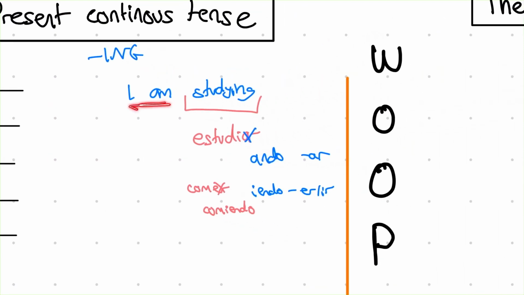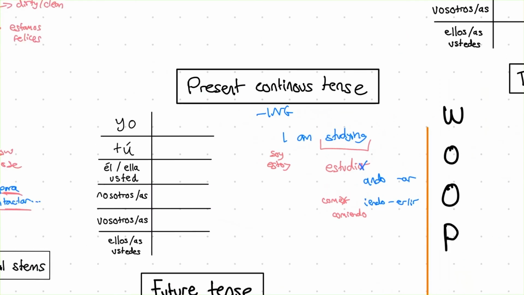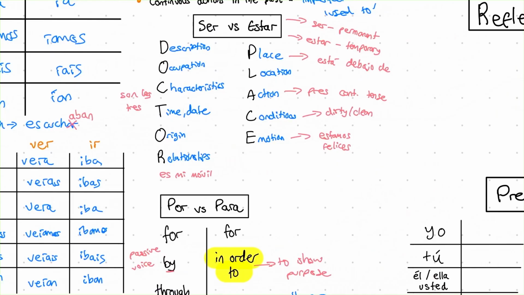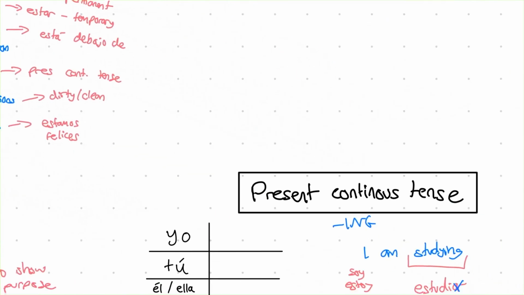For I am, as we spoke about earlier, there are two ways to say I am. We can say soy or estoy, and only one of them is correct. So let's go back to our uses of ser and estar and see which one we're going to use. So for estar, A is for action, and because I am studying is an action, we're going to use estar.